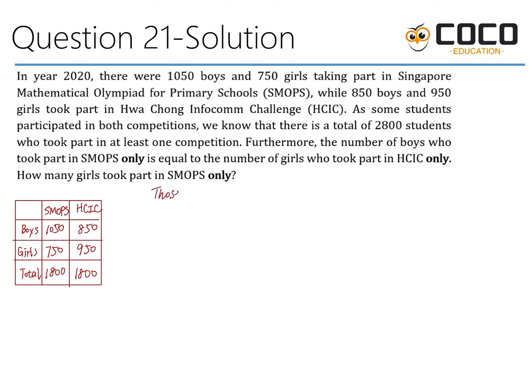Okay, let's find out those who participated in both. So you can find out the total number is 1800 plus 1800.